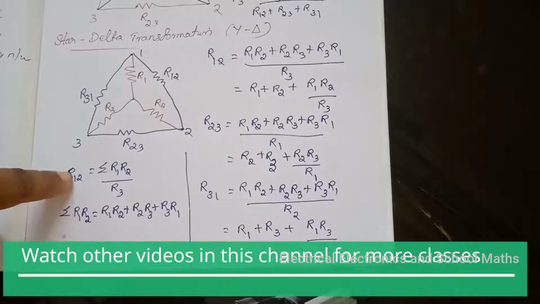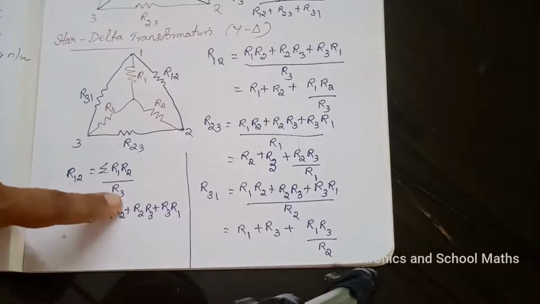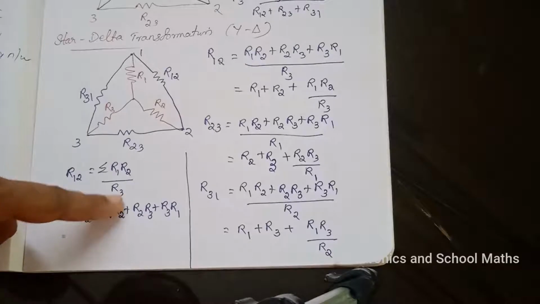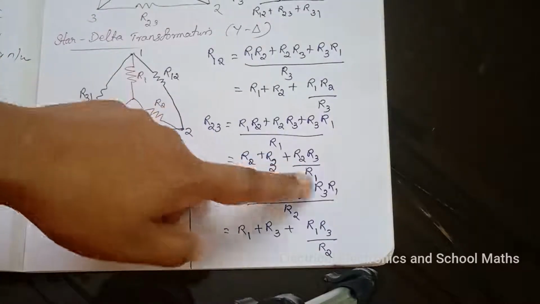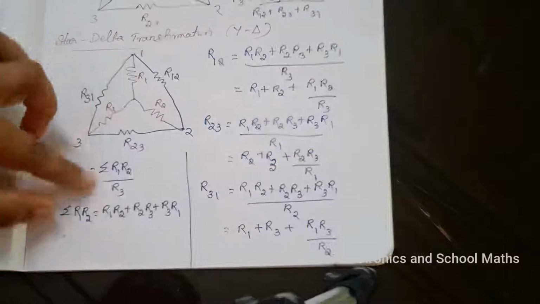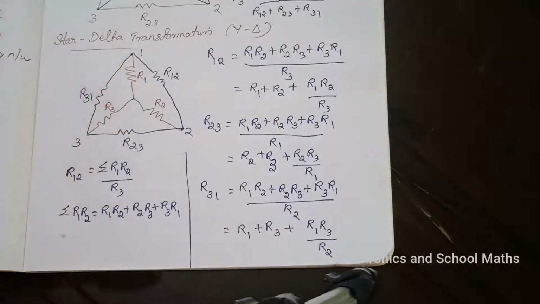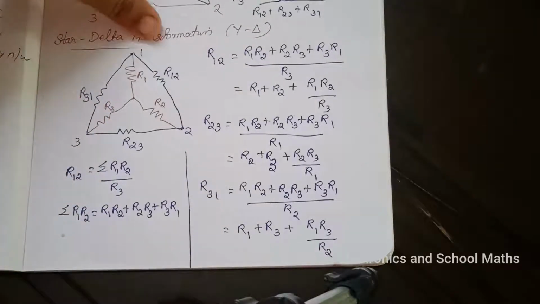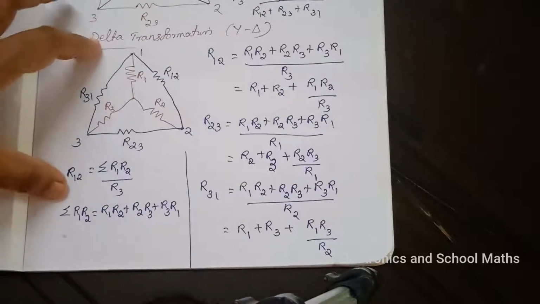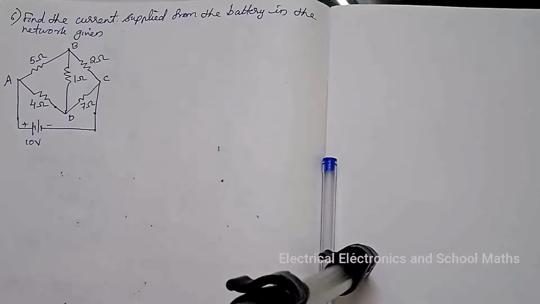That is, for R12 the division is by R3, and for R23 divided by R1, and for R31 divided by R2, like that. And these transformations, that is delta to star or star to delta transformation, help us in solving many problems.